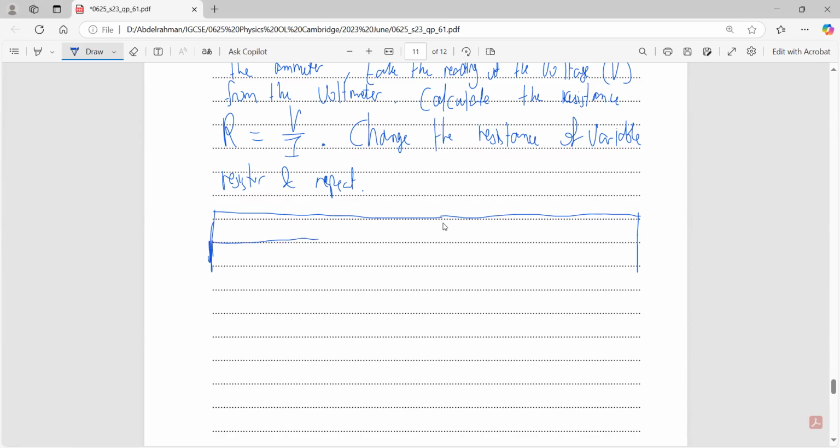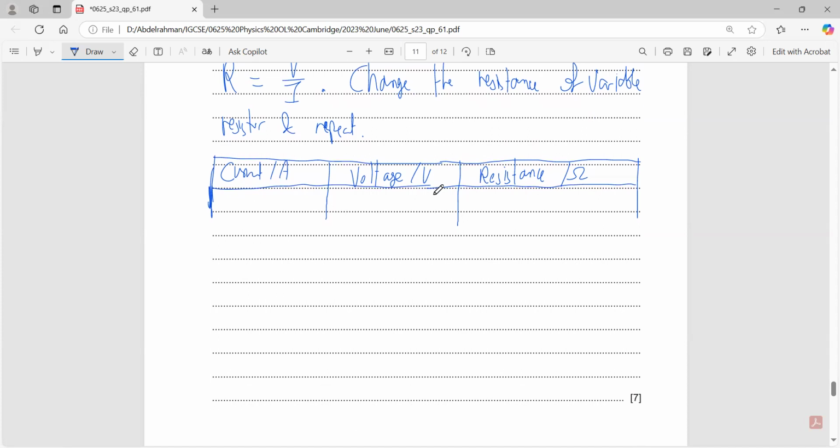Okay, so let's write them down. The current in amperes, the voltage in volts, and the resistance in ohms. Last but not least, I need to write down a conclusion, a very simple and systematic conclusion, as we've said before.